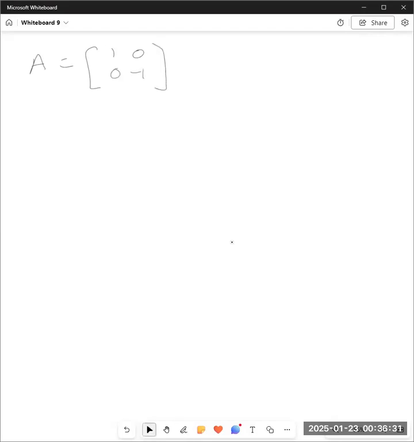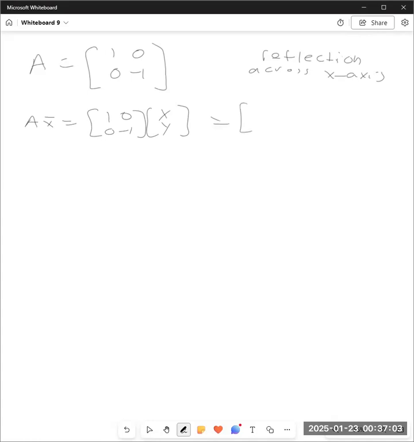So this here, we've left x alone, but we've changed the value of y. So this is a reflection across the x-axis.